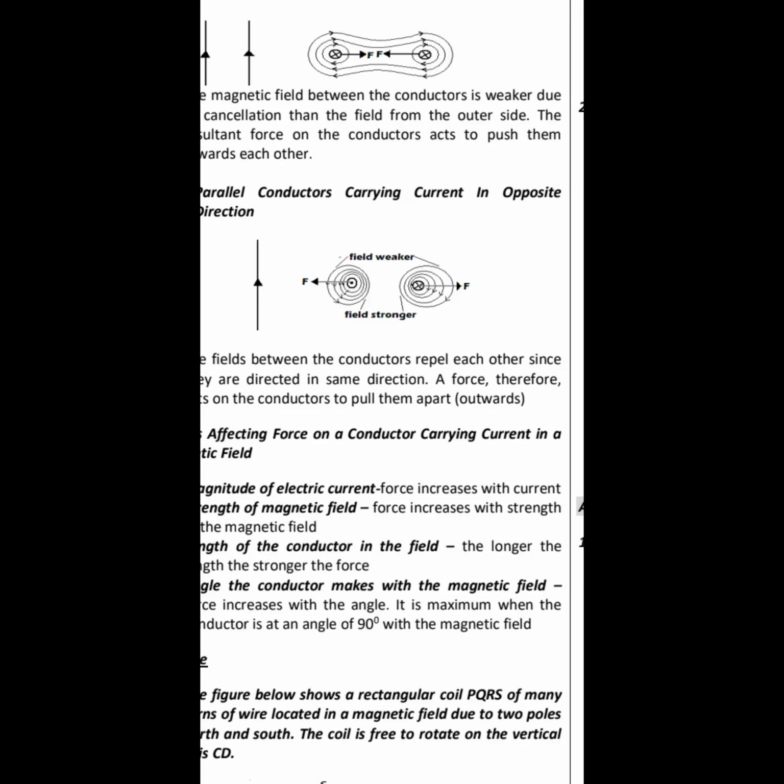So there is the effect of concentration of magnetic field when moving in the same direction, and when the concentrations are more in one region, that is a region with stronger field than the other one.